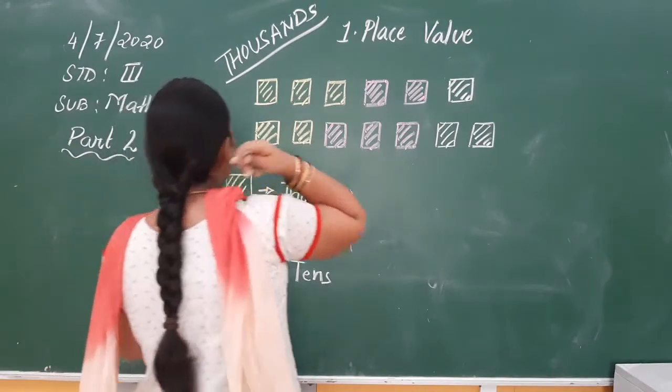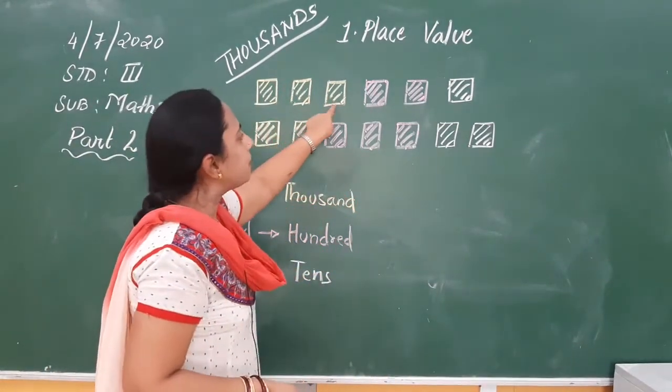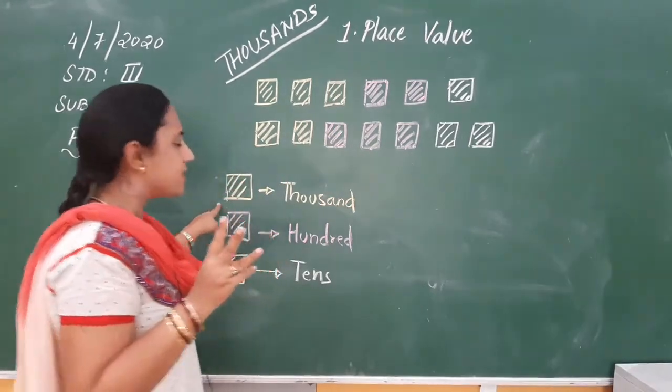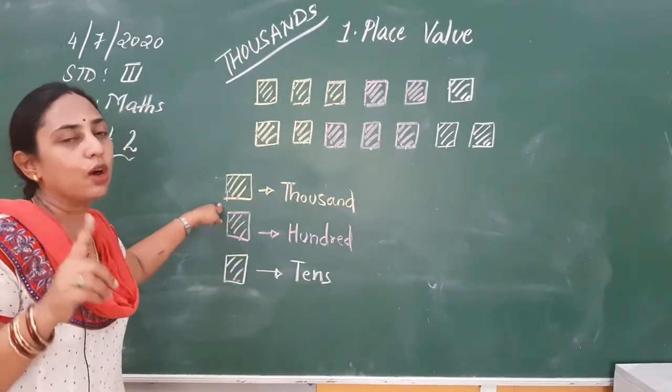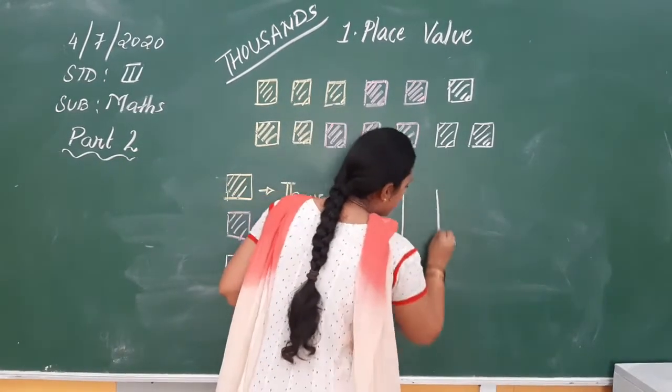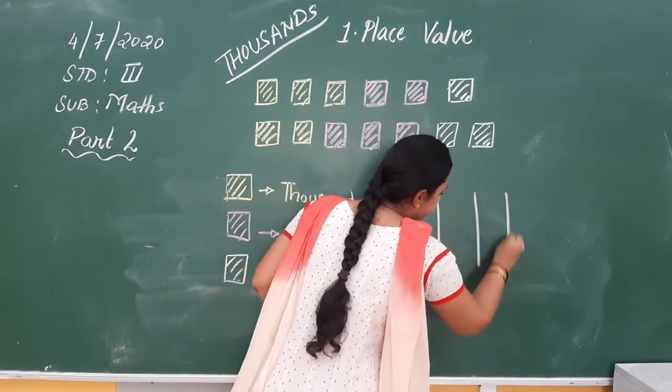Now you can see here 1, 2, 3. There are 3 yellow boxes and each yellow box is 1000. So how can we write this? Let us make the place value chart here.